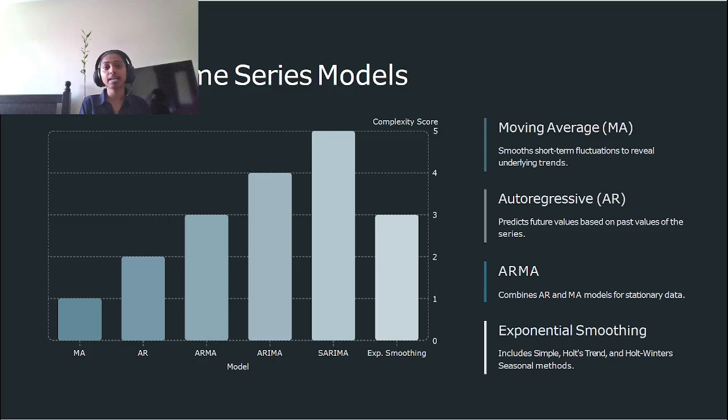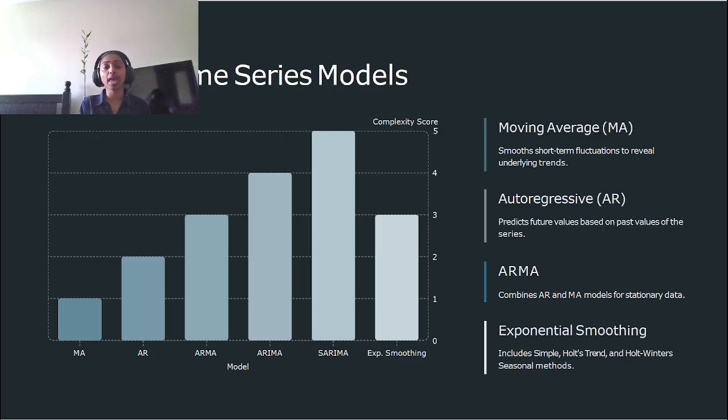The difference is that here we can use stationary data and non-stationary data. So what is stationary data? Stationary data means it is static data, which means there is no variation in the mean, no variation in the standard deviation, no trend, no seasonality. This kind of data is known as stationary data.